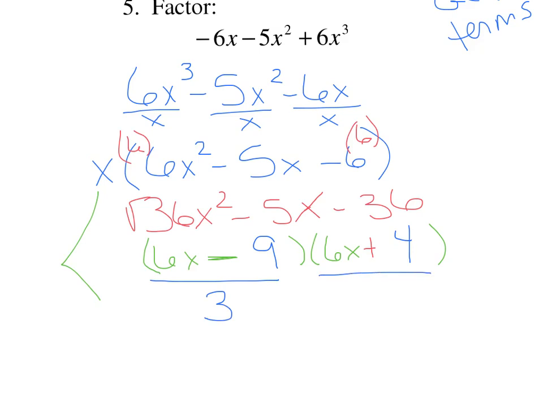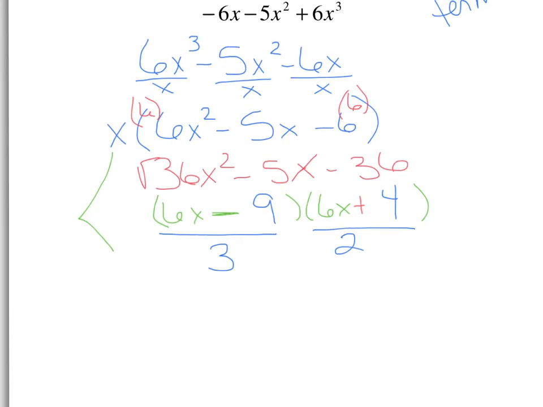That would be 3 here and 2 here. Divide both of these by 3, divide both of these by 2. 2x minus 3, 3x plus 2, and do not ever forget that you have that big GCF up there at the beginning. That needs to come down here in the front.